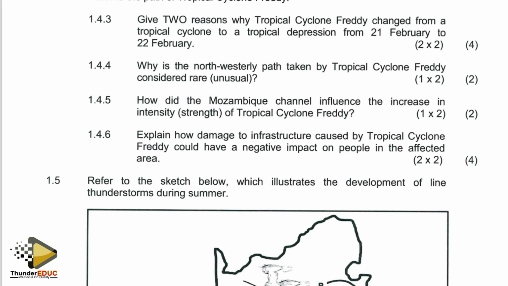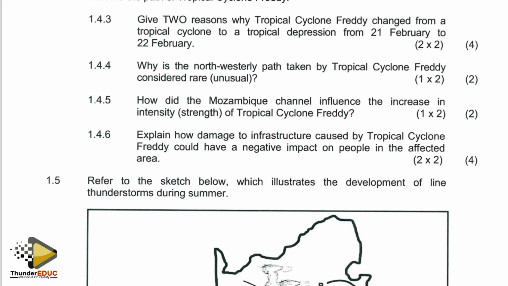But if we check this path here for tropical cyclone Freddy, we also tend to find that because of the combined effect of this movement of the tropical cyclones being driven by the trade winds, they are also influenced by the Coriolis effect, which will cause them to deflect.